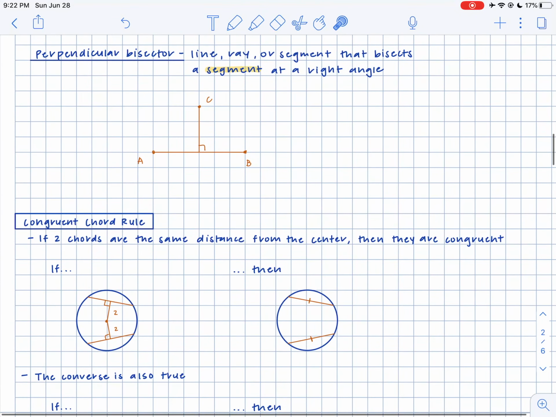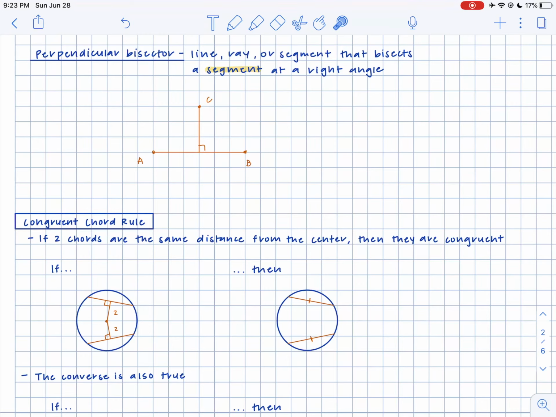Now, how does this relate to the perpendicular bisector we just talked about? Well, remember the shortest distance from some point to a segment is the perpendicular bisector. So here's a chord, and you can imagine it would be segment AB as we had up here. And this is a point, which is actually the center, and it's a fixed point. So what is the distance from this point to the segment or the chord?